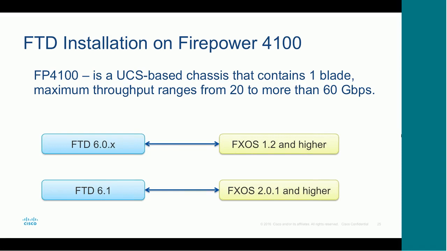So if you want to deploy FTD 6.0.x version, the FXOS platform bundle image should be 1.2 and higher. And for FTD 6.1 version, it should be 2.0.1 and higher. You can always refer to the FXOS to FTD compatibility matrix, which you can find on the Cisco website.